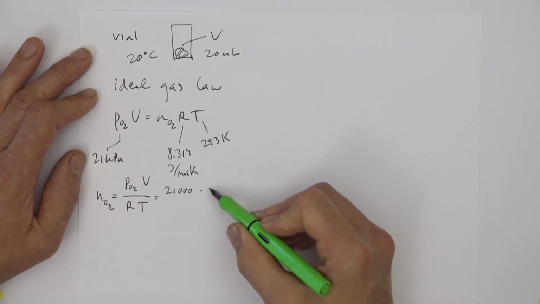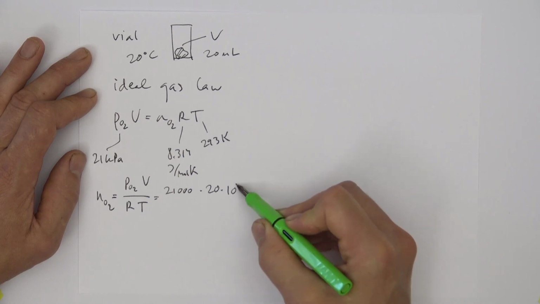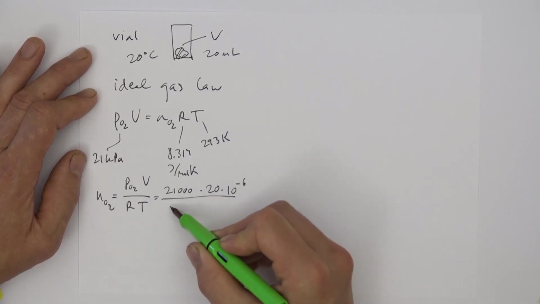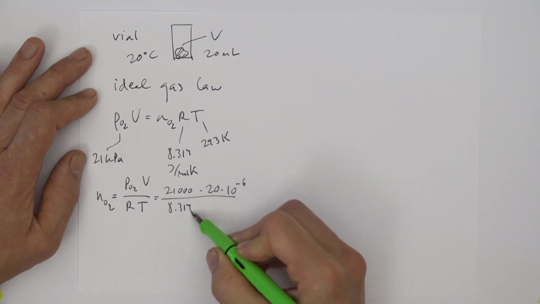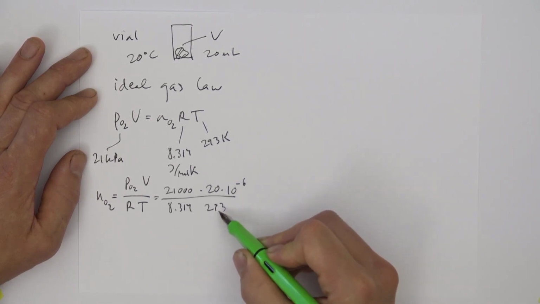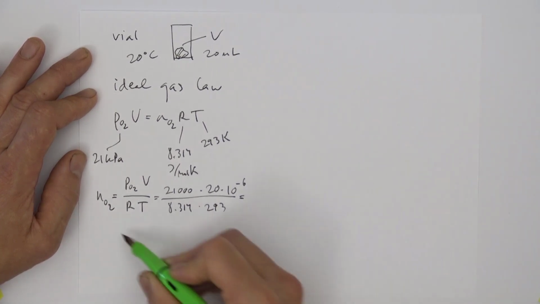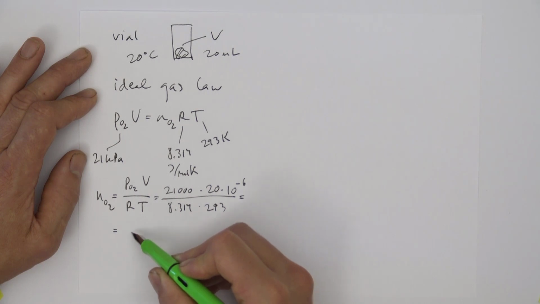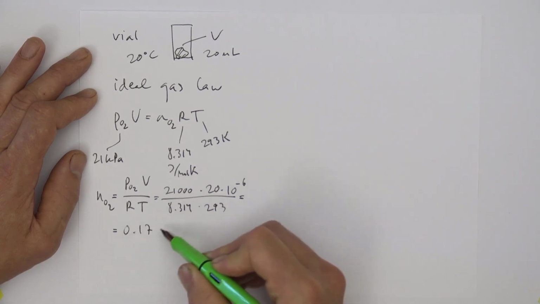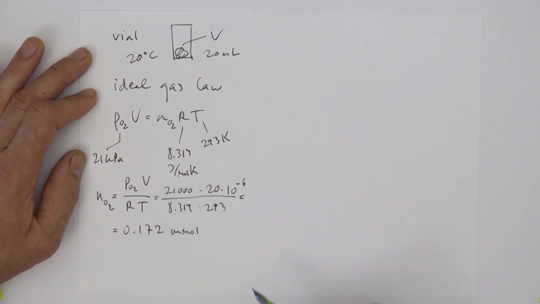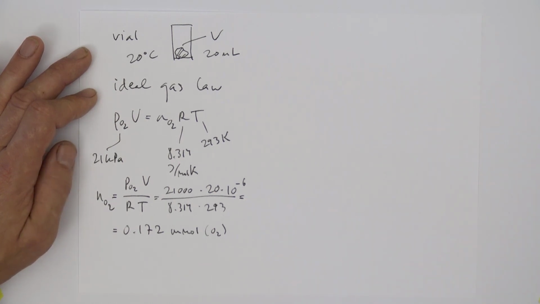And 20 milliliter has to be entered as cubic meters in this calculation, everything in base SI units. And if we calculate this, I have made this calculation already, we get 0.17 millimoles of oxygen.